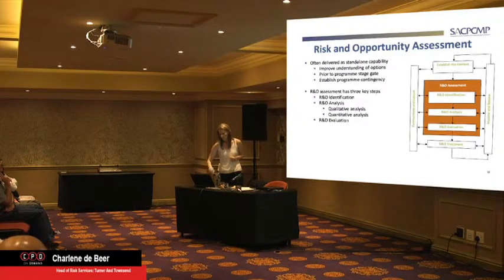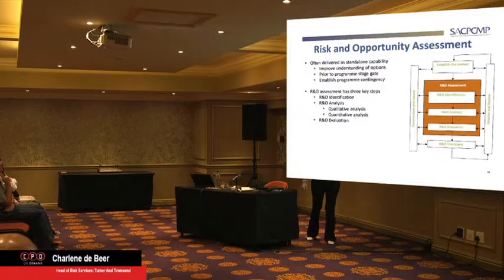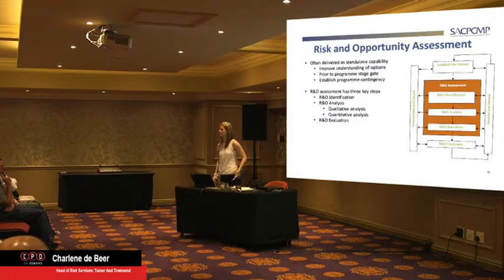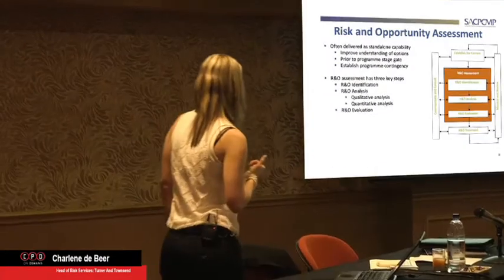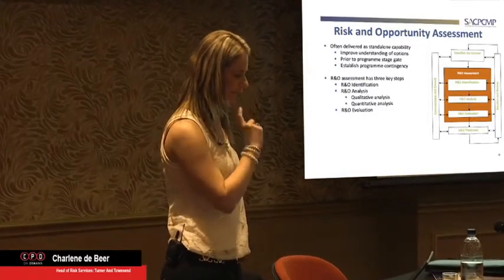Often delivered as a standalone, if it's a capability, it needs to improve the understanding. It's usually done prior to program stage gate and to establish program contingency. Program contingency can be cost or schedule. Cost is monetary value, schedule would be float. And then the 3 key steps in how we actually get there.